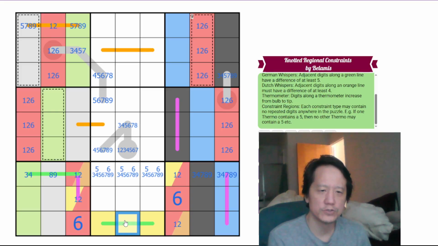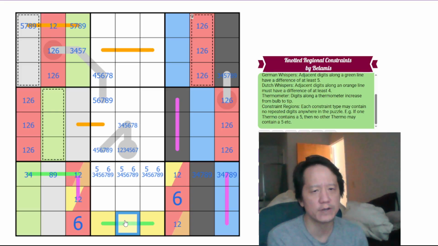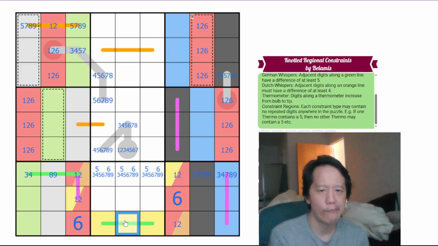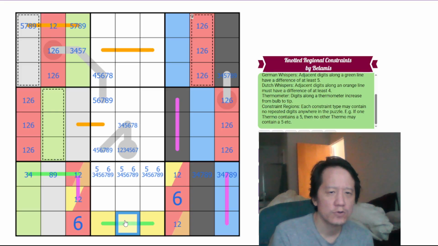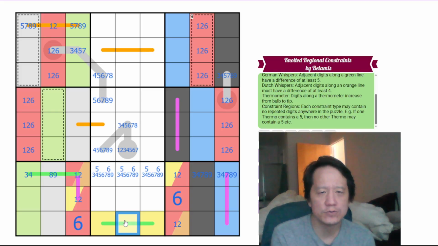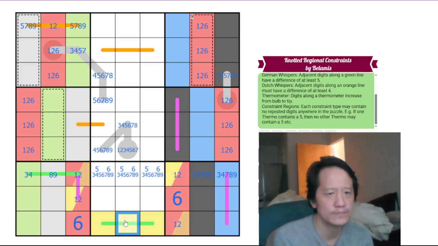What else do we have? 3, 4, 5, 7, 8, 9 on the red bands. Thermos, cages. Hmm.